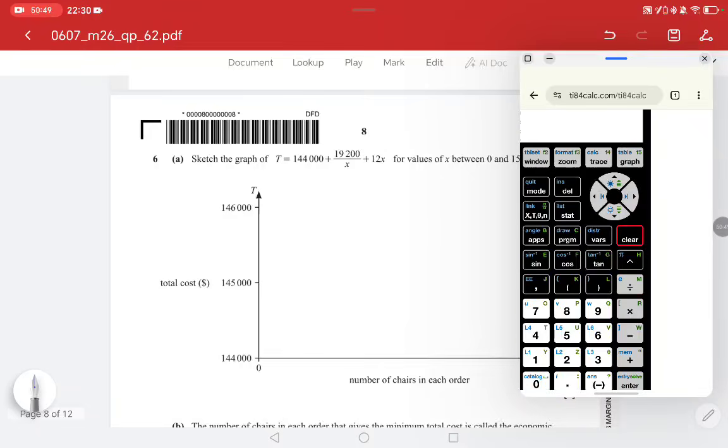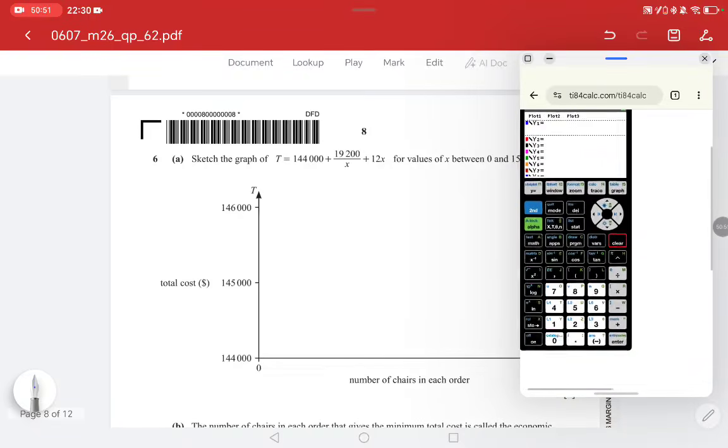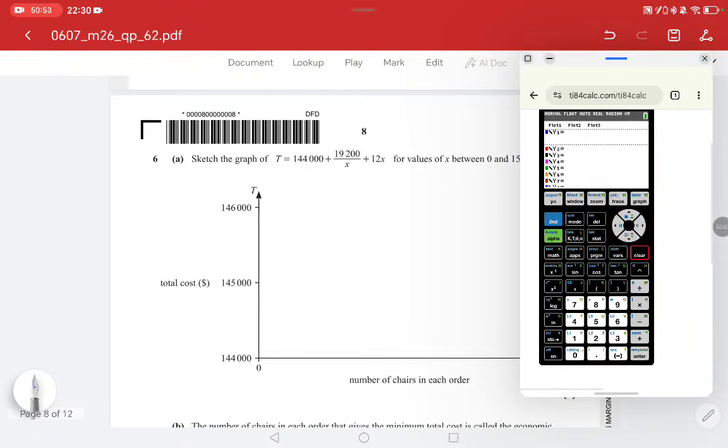Okay, good. So let's write the formula: 144000, plus, in fraction, please make alpha y and enter. So you can write 19,200 over x, where x is alpha x, then plus 12 again alpha x.